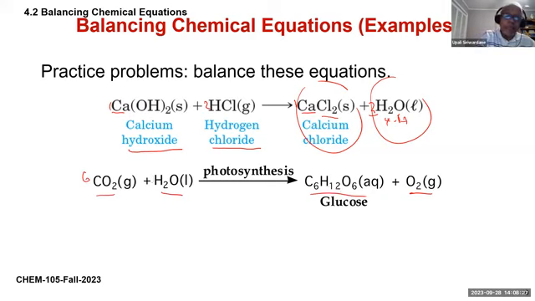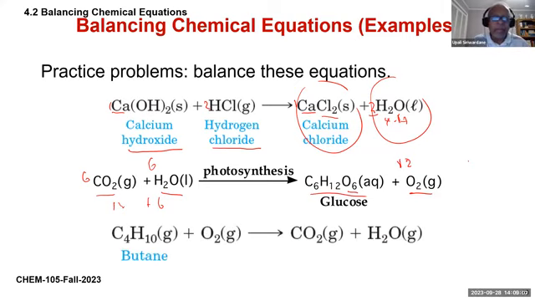You have to put 6 here. That makes 12 oxygen atoms, 6 oxygen atoms, 18 oxygen atoms. No, 12 oxygen atoms, because the 6 is here. 6 plus 12 is 18. We will talk about this in detail. We're going to look at how we change the stoichiometric coefficient in the next slide.